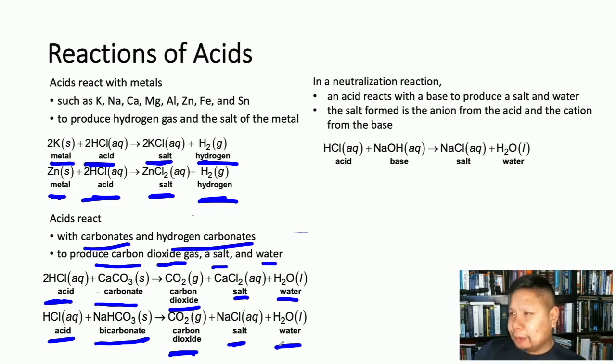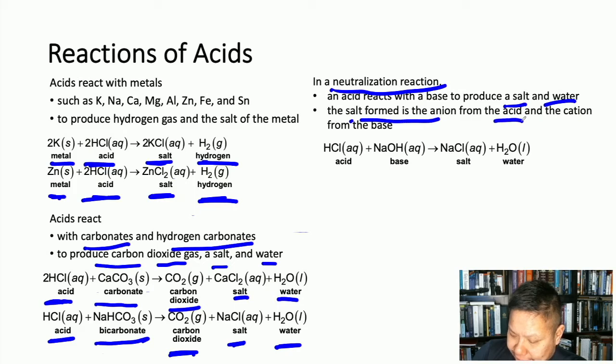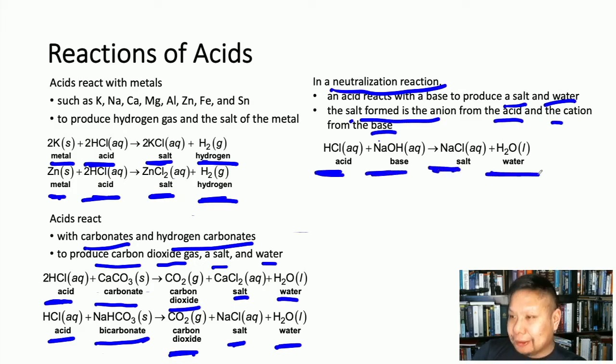But I think the most important thing to remember is that acids will participate in a neutralization reaction. An acid reacts with a base to form a salt and water. And the salt is formed from the anion of the acid and the cation of the base. So when you combine something like hydrochloric acid with sodium hydroxide, you get sodium chloride and water, which is really interesting because either of these, if consumed, are dangerous.